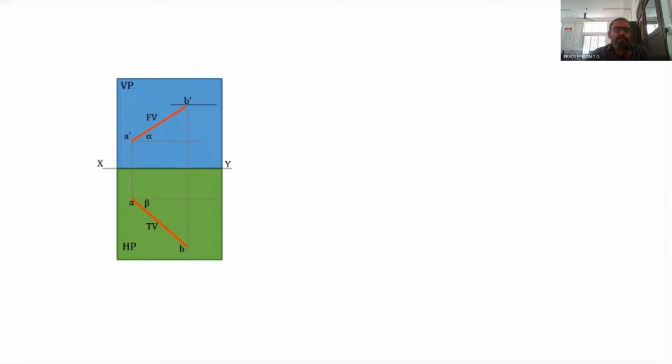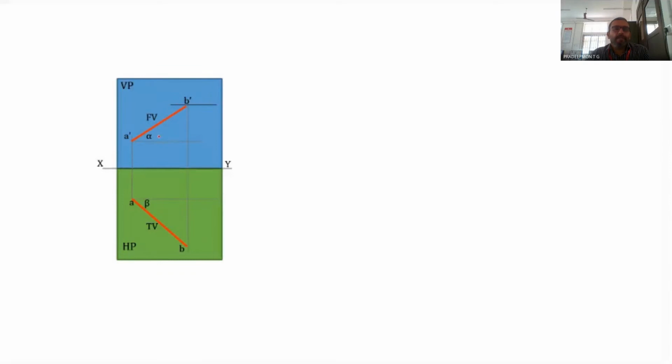Now the next condition is whether alpha is equal to theta, the true inclination with HP, and beta equal to phi. Is it true? Actually, it is not. Alpha will be a value greater than theta.